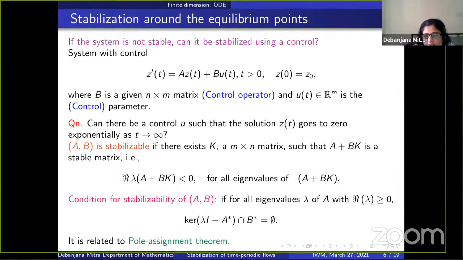So the idea is that whatever the bad eigenvalues you had for capital A, we call them unstable eigenvalues, will be pushed to the negative side of the complex plane because of the choice of capital K. And this Hautus type condition precisely gives you the liberty to choose such a matrix capital K. So this is well understood, and this is basically giving you the existence of such K.